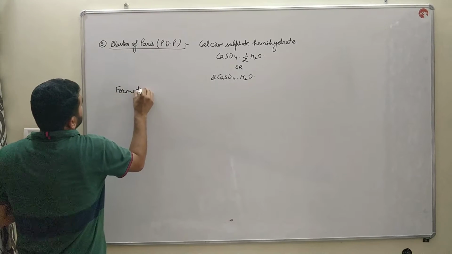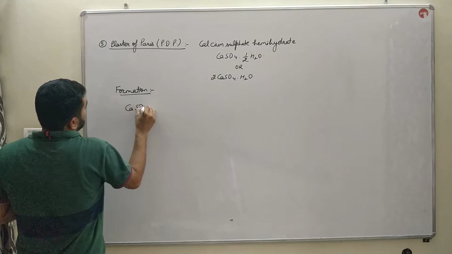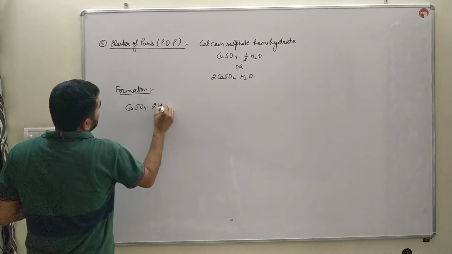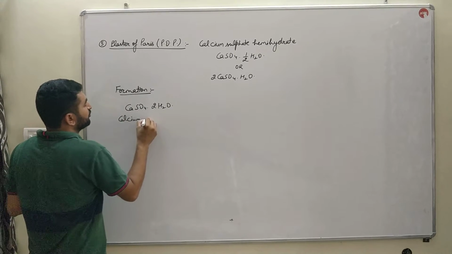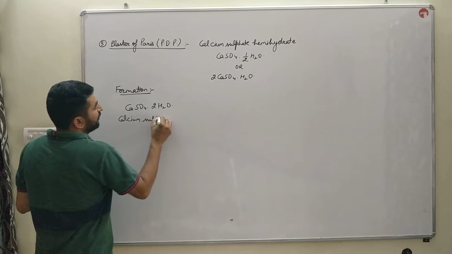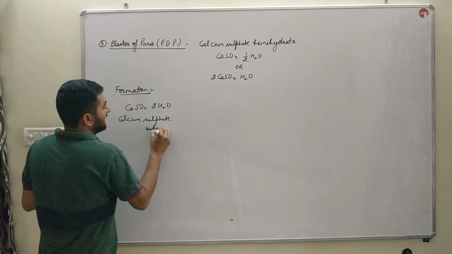The formation of plaster of Paris is done from gypsum. Gypsum is calcium sulfate dihydrate, that is, two molecules of water are attached to calcium sulfate.